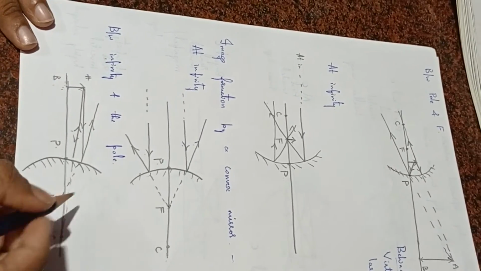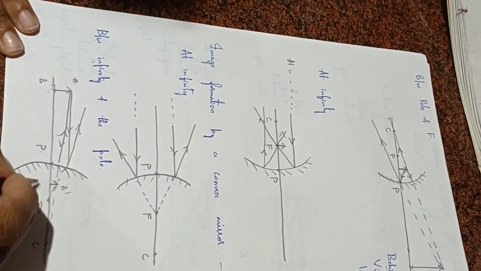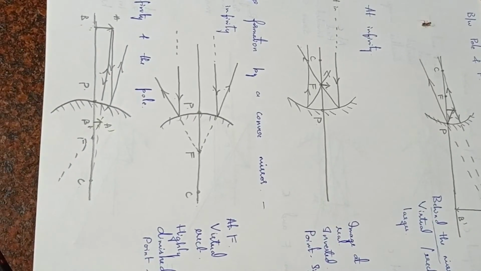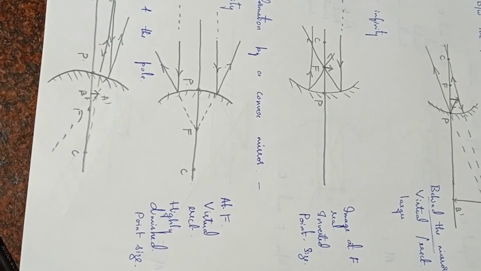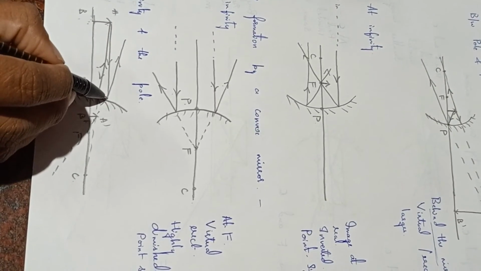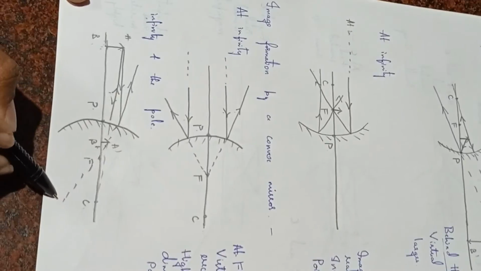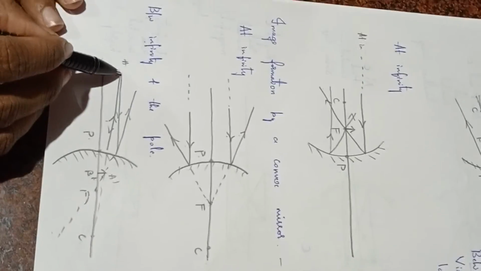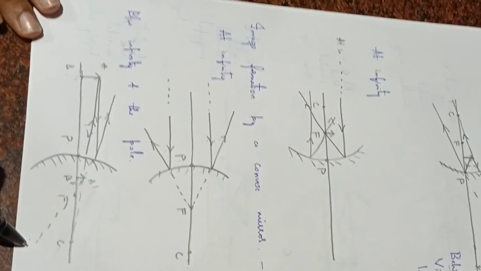So this is the case where we get the image A dash B dash. Now when the object is placed between infinity and the pole of the mirror, what happens? The ray is incident on the mirror, and after reflection it appears to pass through the focus behind the mirror.